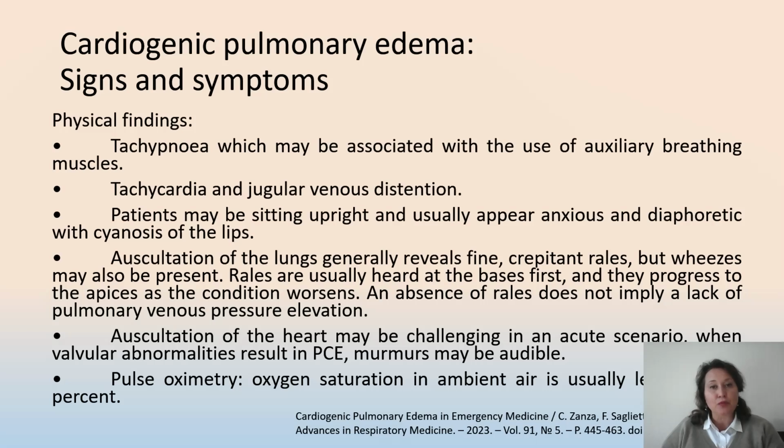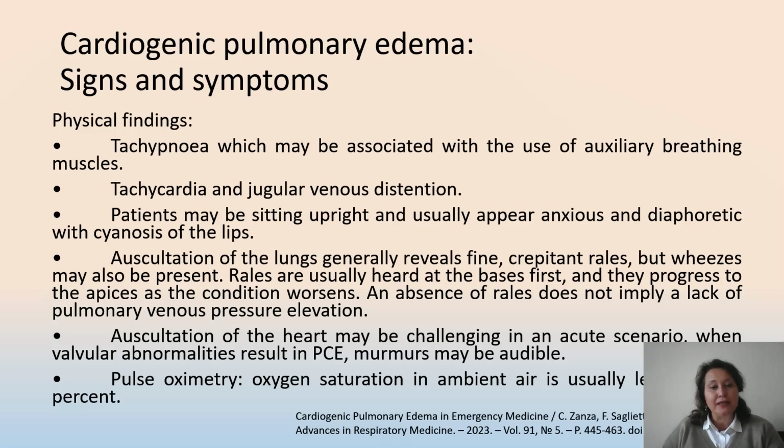Signs and symptoms of cardiogenic pulmonary edema include tachypnea, which may be associated with the use of accessory breathing muscles, tachycardia, jugular venous distension. The patient may be sitting upright and usually appears anxious and diaphoretic with cyanosis of the lips.